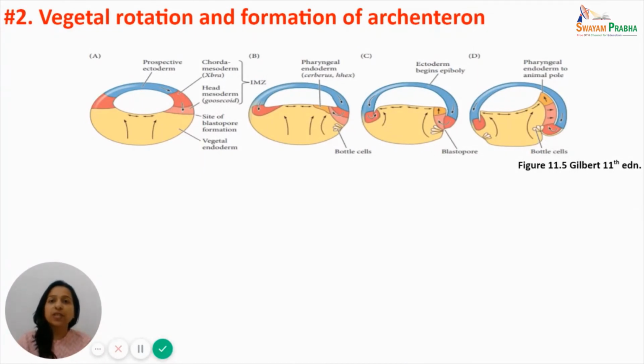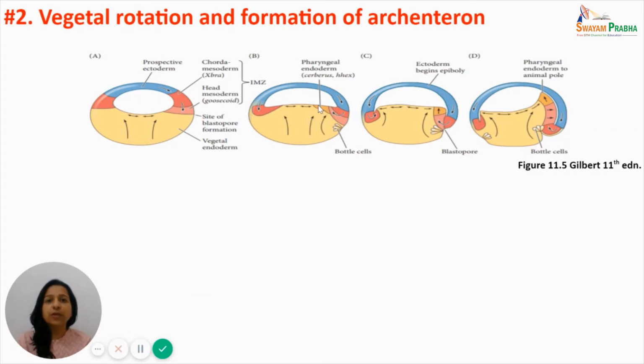The next step during gastrulation is the vegetal rotation and formation of the archenteron. During the beginning of gastrulation, there is formation of the involuting marginal zone, as we just discussed, which consists of the prospective head mesodermal cells shown pink here and the chorda mesodermal cells which are shown red here. Now there are a large number of gastrulation movements in the presumptive endodermal cells.